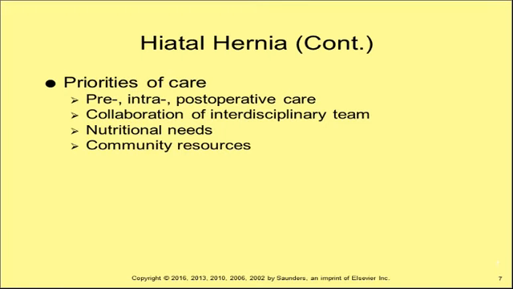The next one is the paraesophageal or the rolling hiatal hernia. Your gastroesophageal junction remains in its normal location, okay? But as you look at the picture, you have a fundal part that kind of rolls to the side, and it rolls into the chest beside the esophagus.